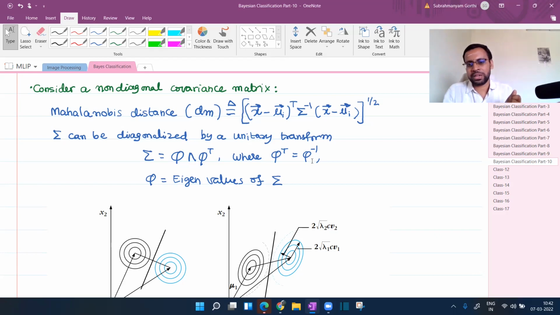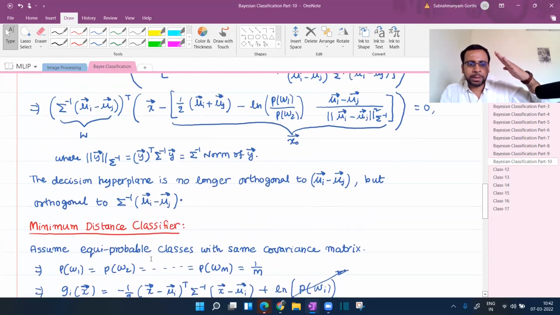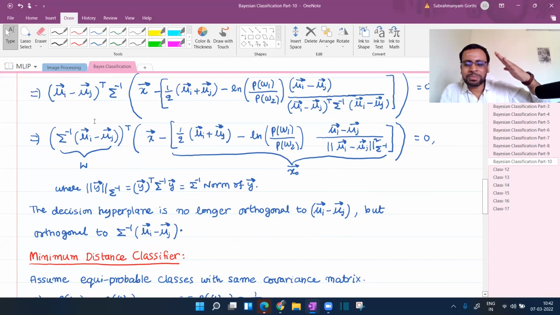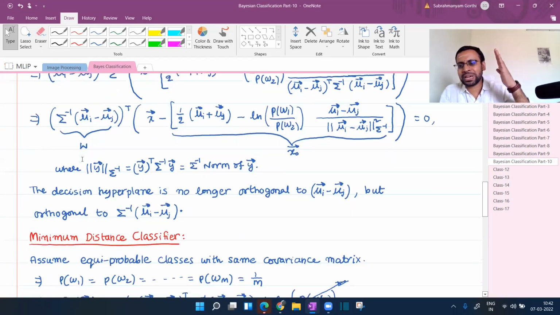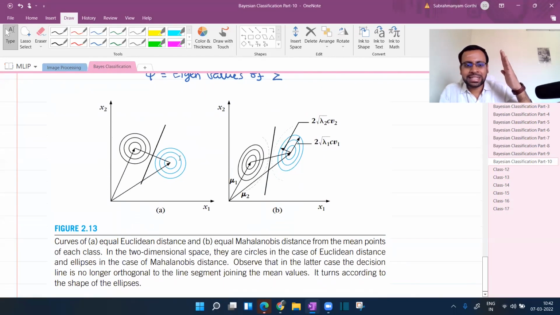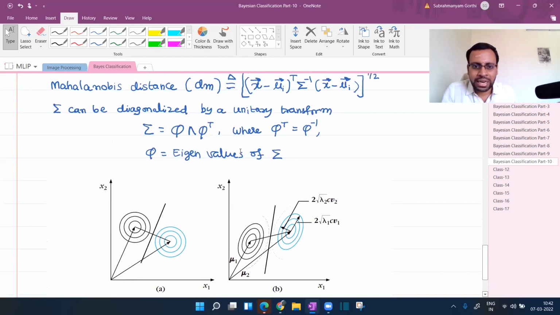Now, this line, which was perpendicular to mu1 minus mu2, will now be perpendicular to a transformed mu1 minus mu2. That's what would happen. And these, in fact, would give you ellipses, and the eigenvalues will be the diagonal elements of it.